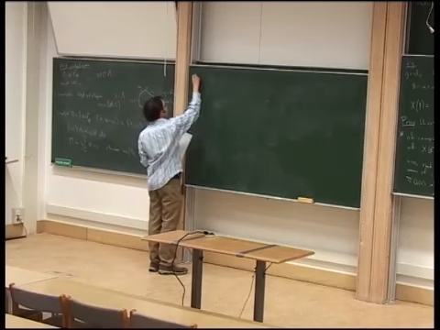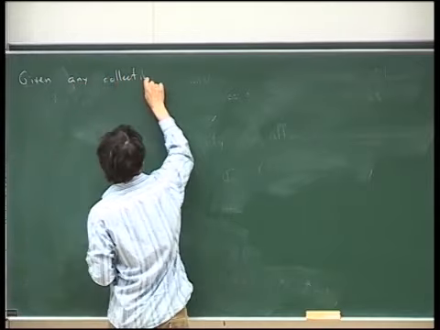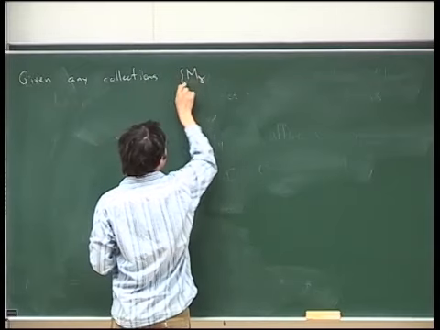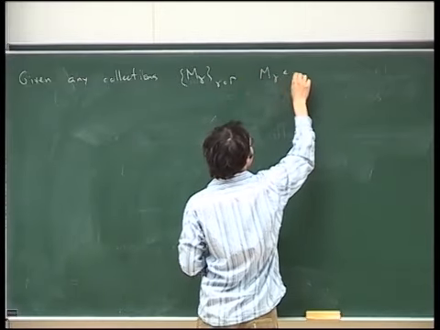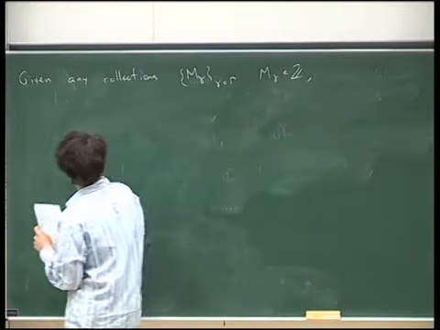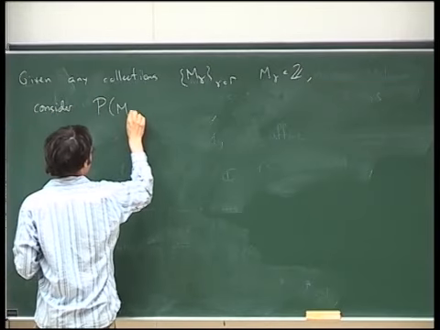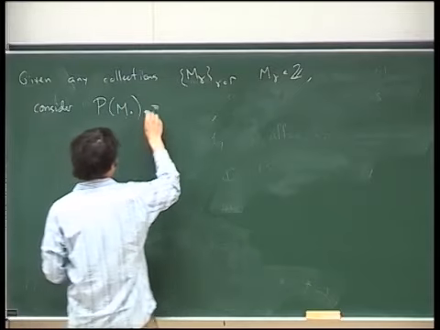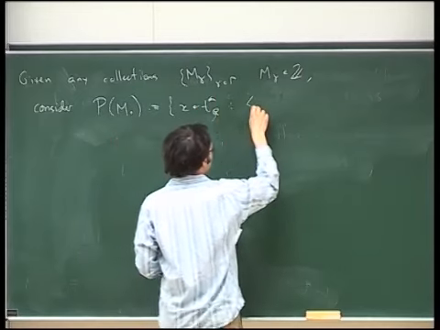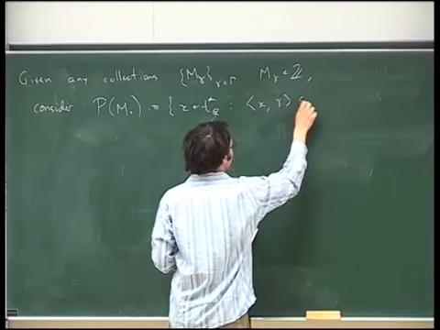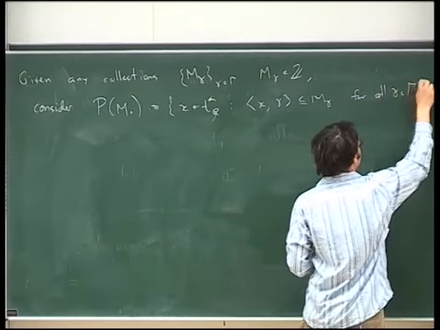So, given any collection of integers, labeled one for each fundamental co-weight, then consider the resulting polytope P of M dot, which will be defined to be X in this TR dual, such that X gamma is less than or equal to M gamma for all gamma in capital Gamma.